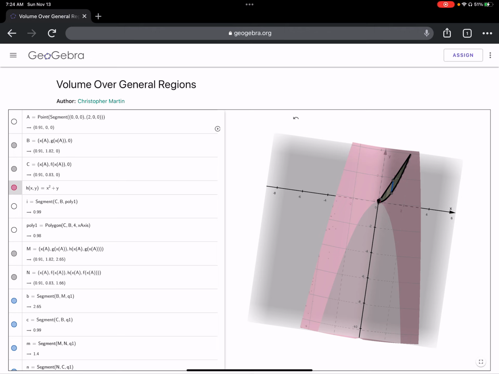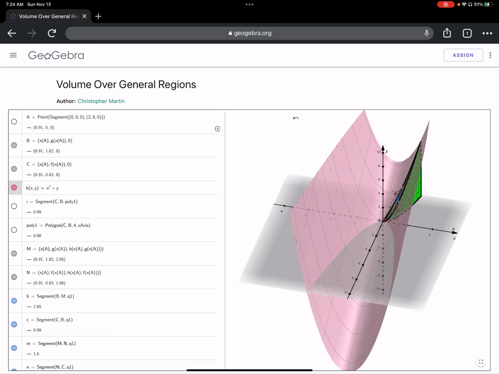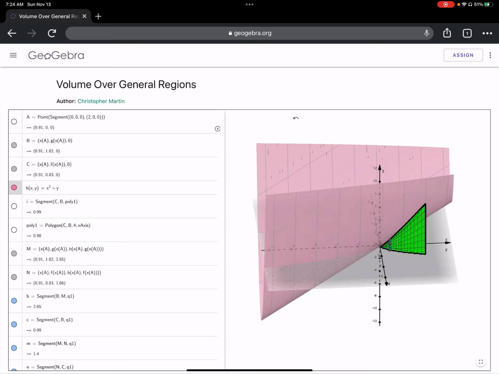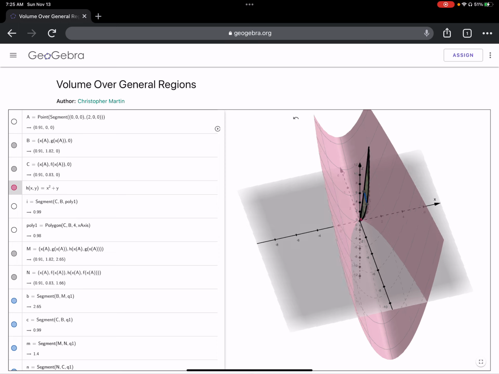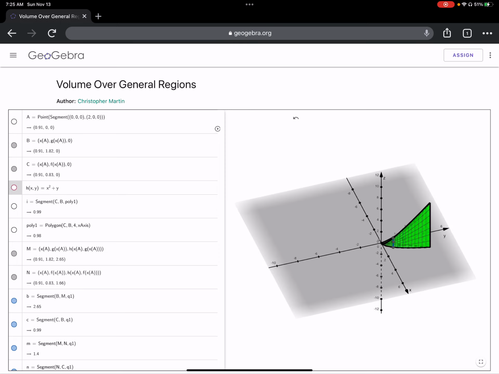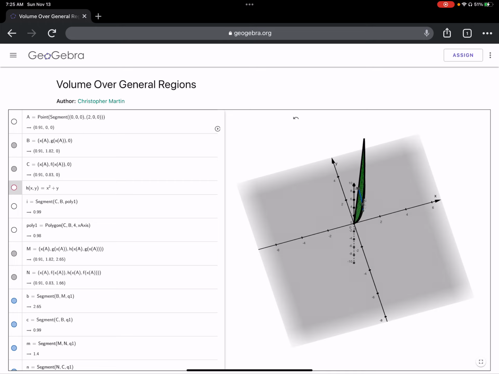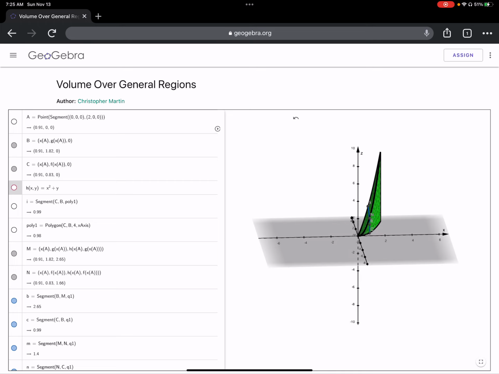The line is on top, the parabola is on the bottom, and this surface, h of x equals x squared plus y, is this whole pink region that we have here. What we want is just the volume that is under that surface on this region. So it looks like this.